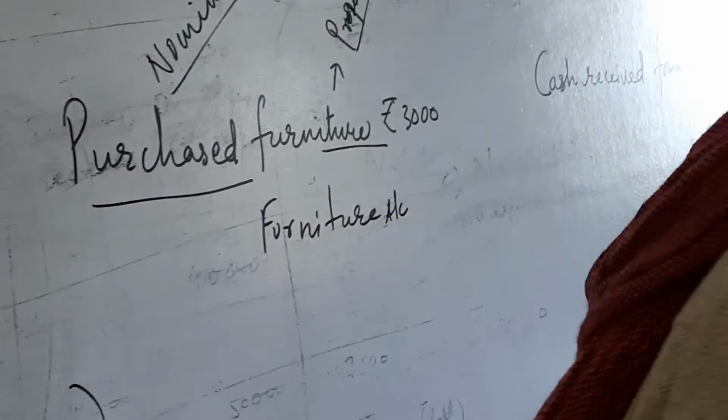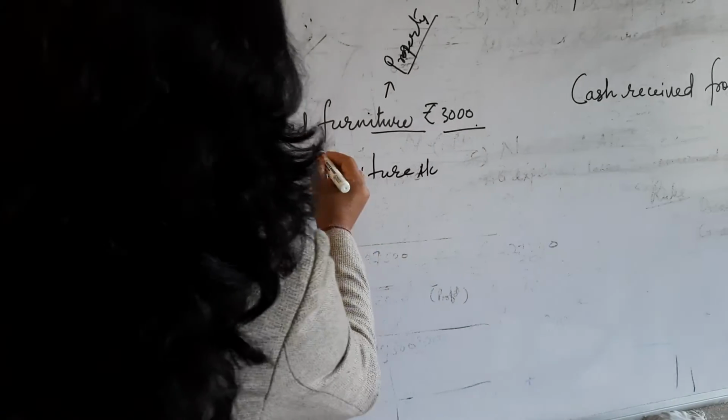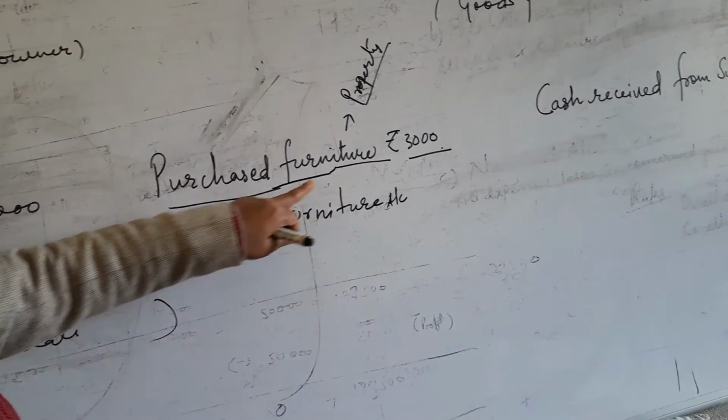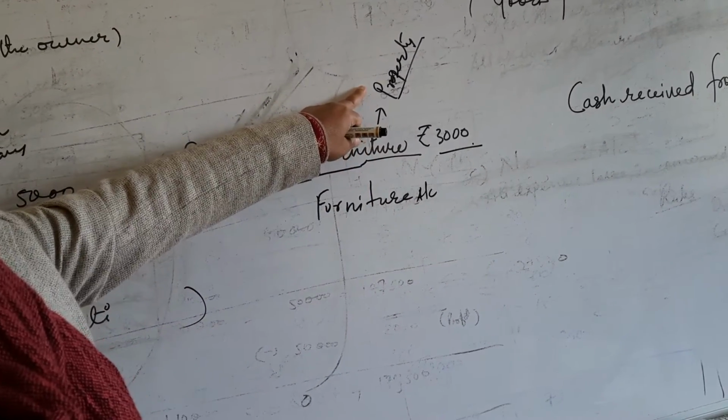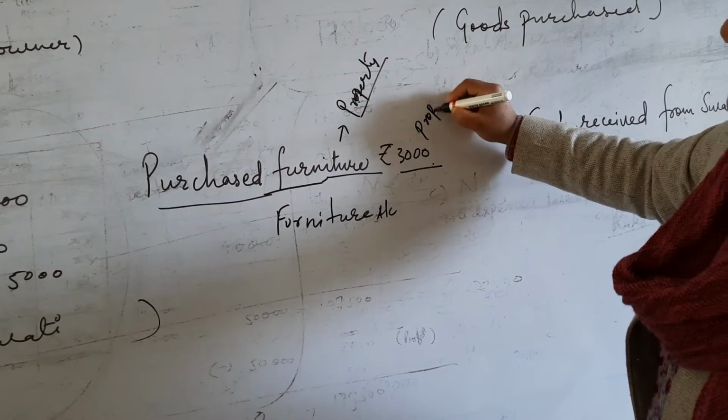And what will be the second line? This is cash. Sorry, if you are writing furniture, there is no need to write purchase. Understood? You just combine it: purchase, furniture, assets, property account. Got it? Now cash is also a property account. What does it say?